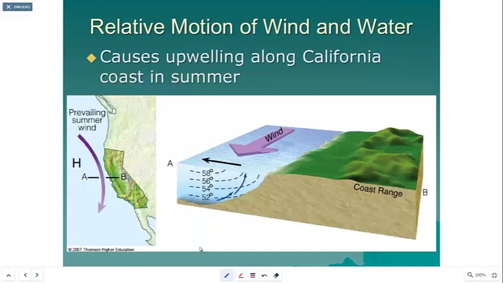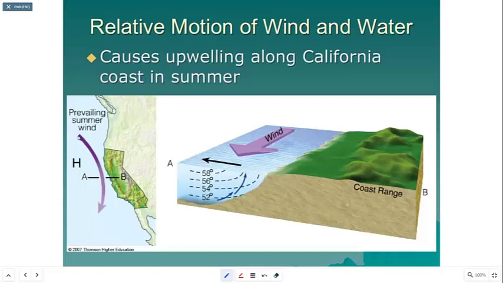Now if we go to the other side, to the California coastline, we did take a look earlier when we talked about advection fog, and we saw that the temperatures were relatively cold on the surface of the water right next to the coastline of, let's say, San Francisco up through Mendocino.